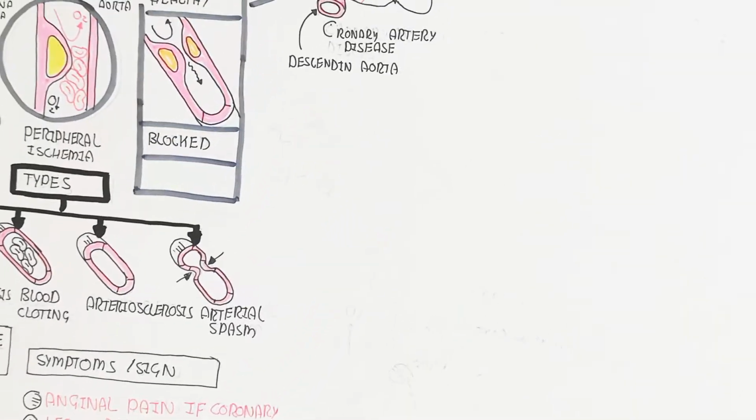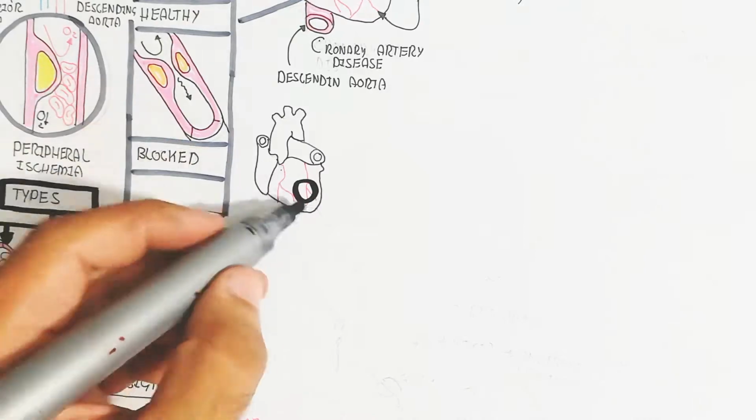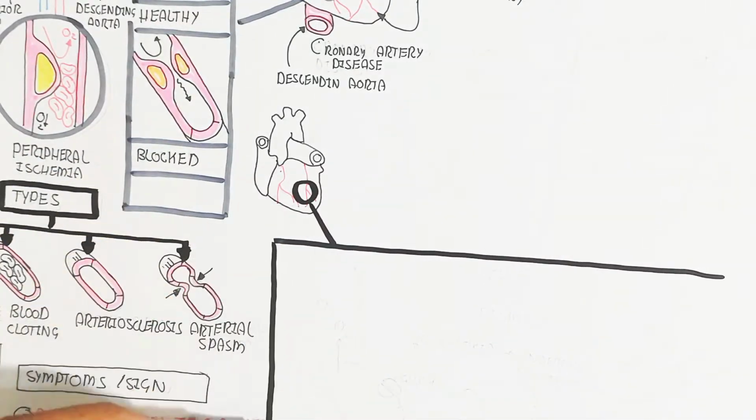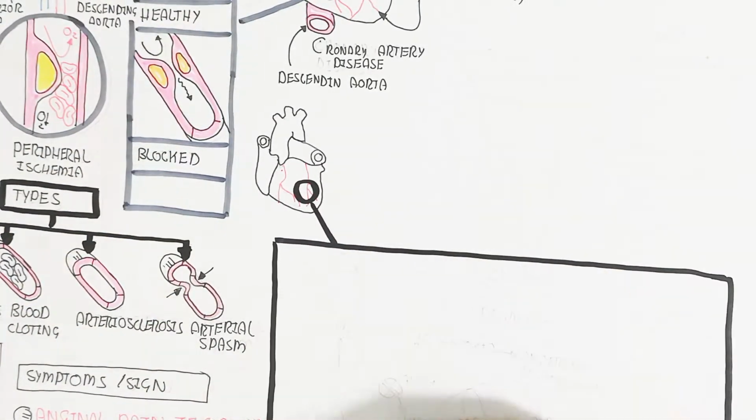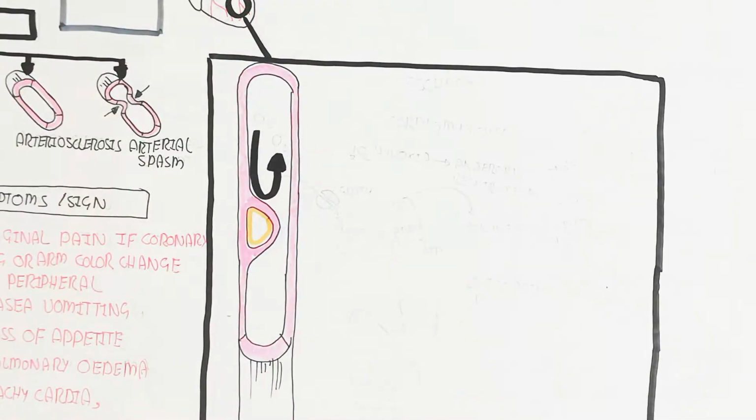So let's begin to understand what happens during ischemia. That is a major understanding and gaining the concept of how ischemia is possible.